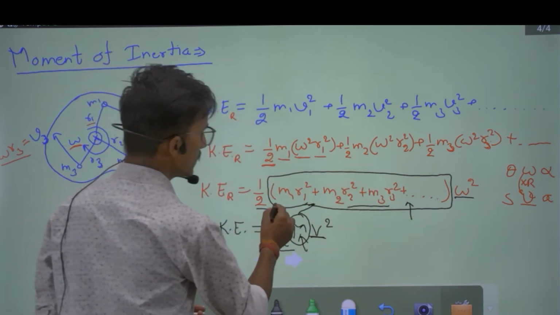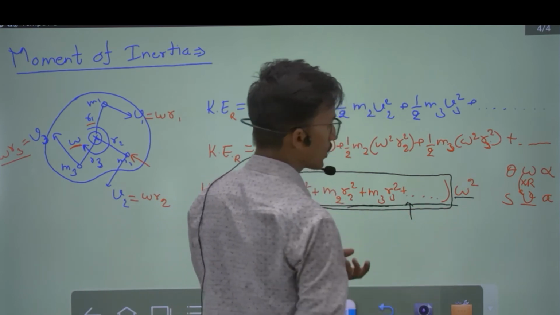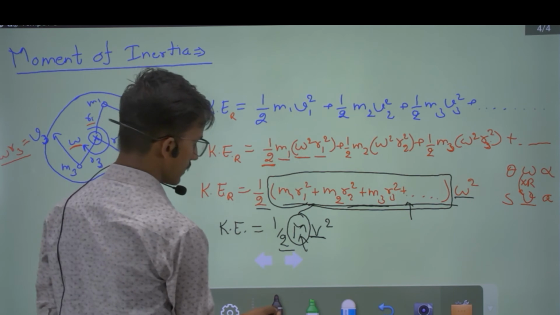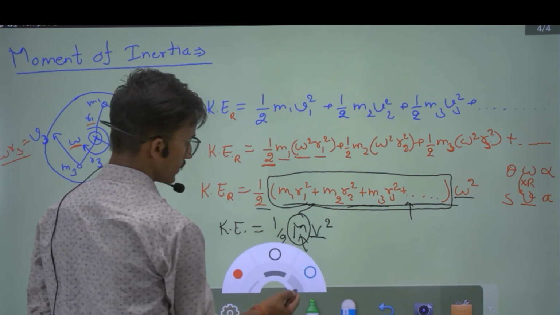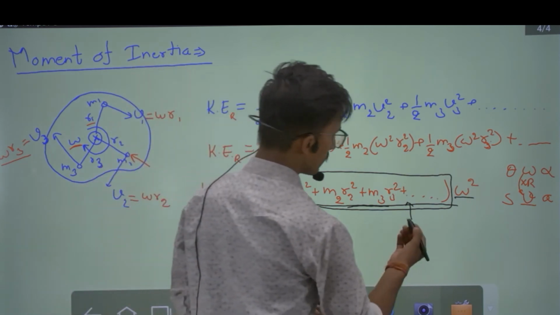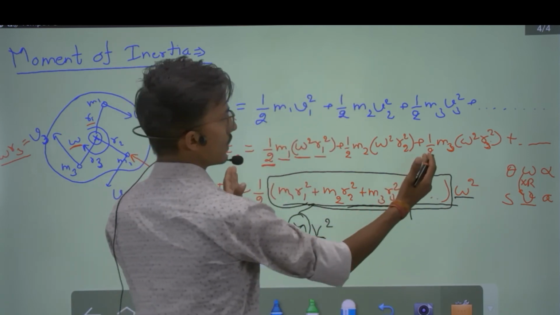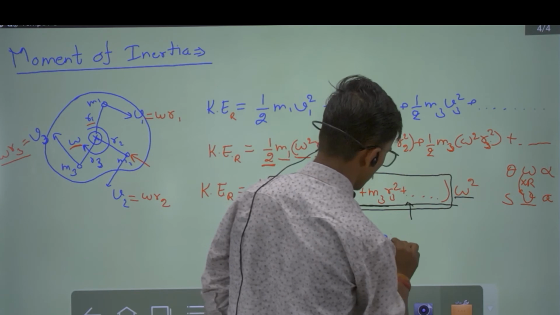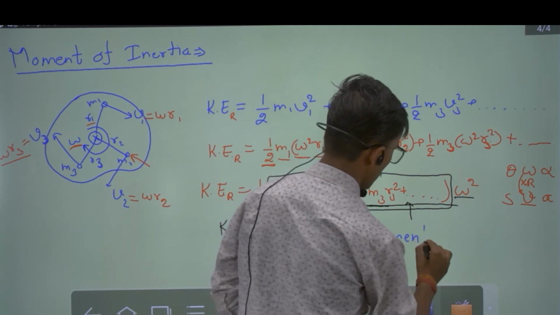So this is the mass for a rotational body, and we will give a specific name to this expression. That name is moment of inertia.